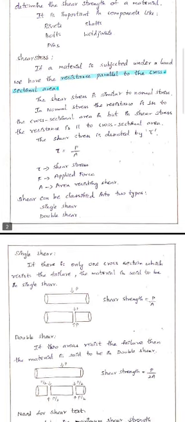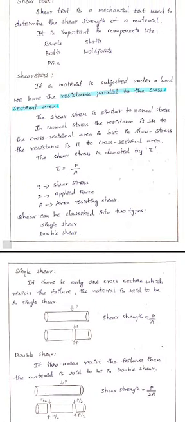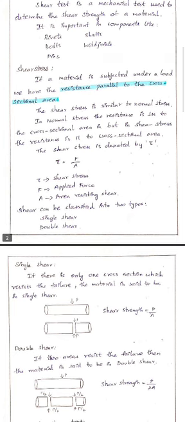Coming to shear stress, when a material is subjected to a load, we have the resistance parallel to the cross sectional area. As I said already, the force is acting parallel to the cross sectional area. The shear stress is similar to normal stress. In normal stress, the resistance is perpendicular to cross sectional area.